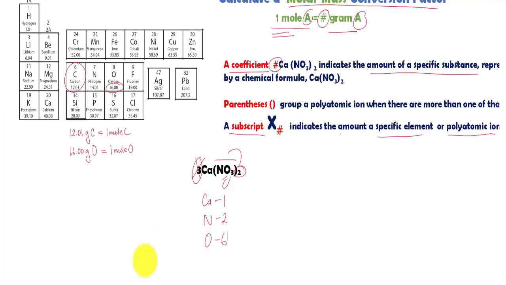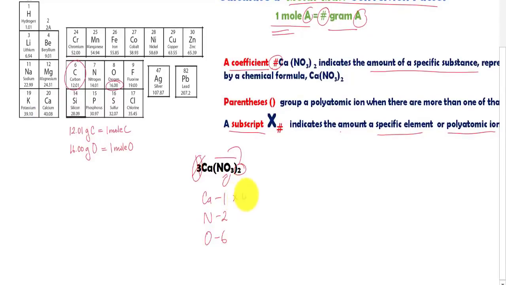To determine the total mass of all the elements in the chemical formula, we have to use the periodic table. First of all, we have calcium, which we multiply by 40.08, because each one of them is 40.08. For nitrogen, it's 14.01. For oxygen, it's 16.0. And we do the math.